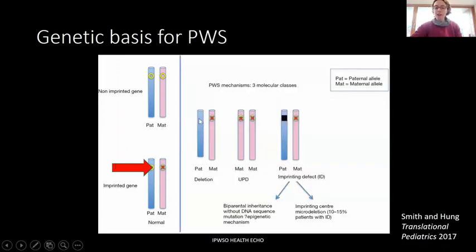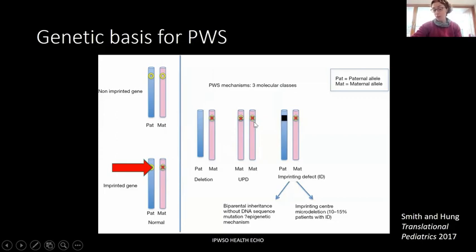First of all, that region can be just deleted, can be absent. So here, this blue paternal chromosome is shorter because the relevant section up here has been deleted. That's one way. The second way is called uniparental disomy, UPD. In this situation, rather than having a paternal copy of the chromosome and a maternal copy, there are two maternal copies.